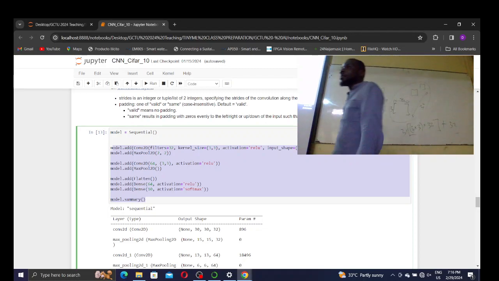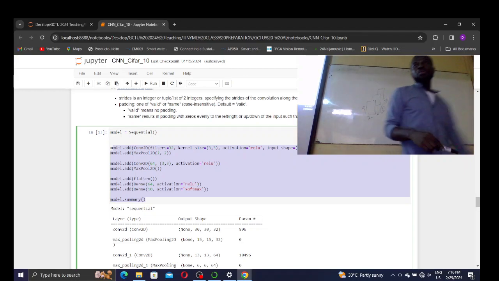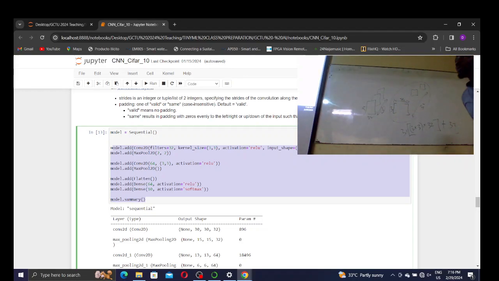So the next one is, what is the output shape of the first MaxPooling2D? What will be the output shape? How will you calculate it?